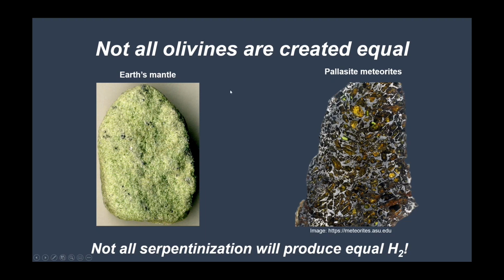Peridotite is the gemstone. But many of us have been in rock shops and have seen these things as well on the right-hand side, pallasite meteorites, right? And the olivine in those rocks is much more iron rich. It contains much more iron. And therefore, if it is going to go through that same process of water addition and iron oxidation, it's not going to produce the same amount of hydrogen. So not all serpentinization will produce equal hydrogen.